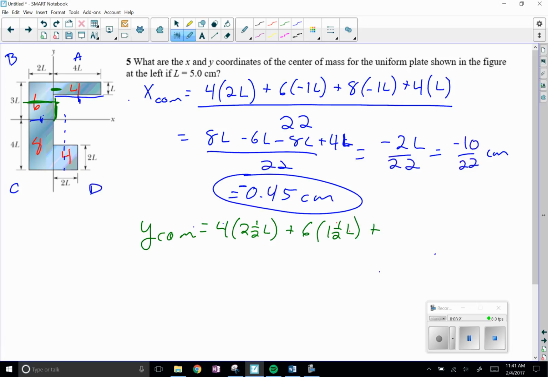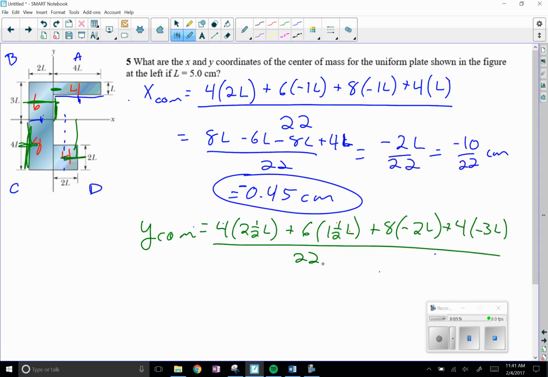Plus, chunk C has a mass of 8 units. Its center of mass is going to be at half of 4L, but it's negative, because it's below the x-axis now. So -2L. And then chunk D has a mass of 4. Its center of mass is going to be at 2 plus 1, so -3L, all over our total mass of 22 units.